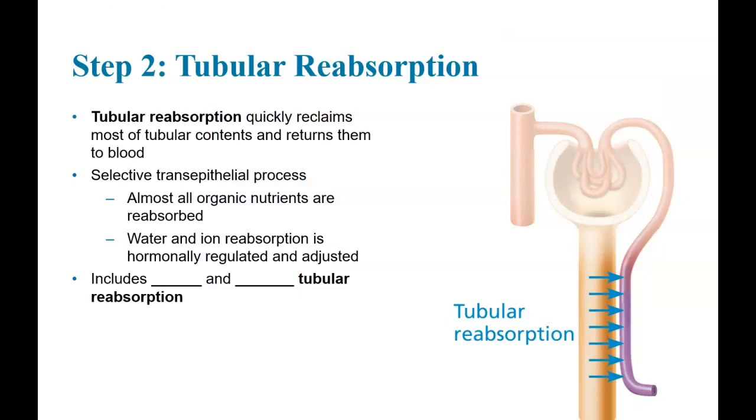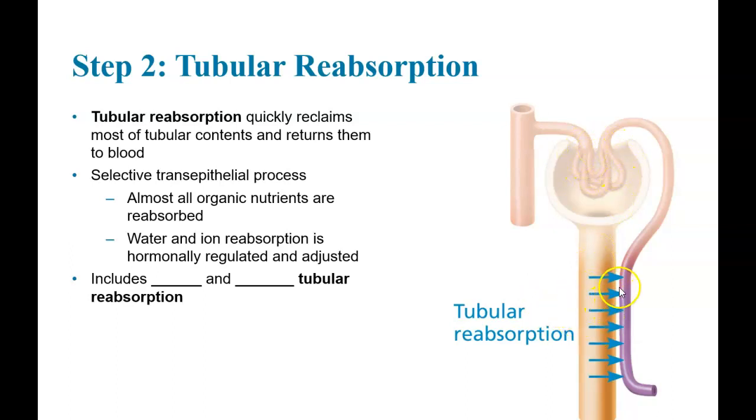Okay. Step 2 in the formation of urine is tubular reabsorption. Tubular reabsorption reclaims most of the tubular contents and returns them to the blood. Okay. So here, this is part of the tubular structure of the nephron. Here's the glomerulus.